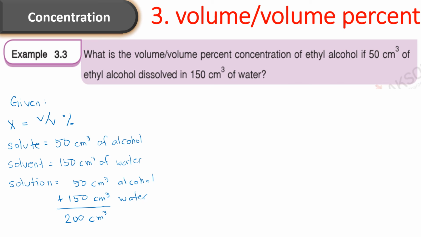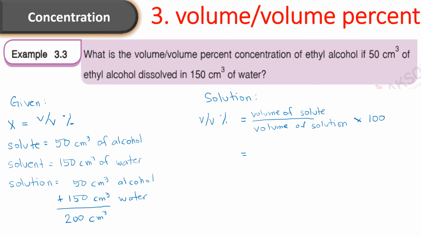So let's go with our solution to our problem. We will have there your volume over volume percentage is equal to, not mass of the solute, but volume of your solute, over your volume of your solution, times 100.